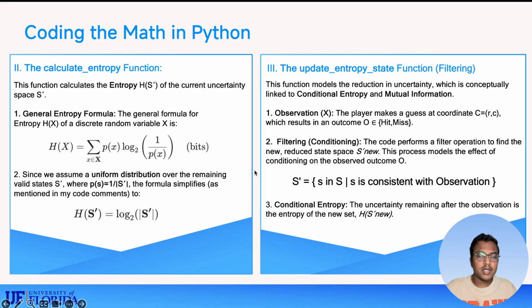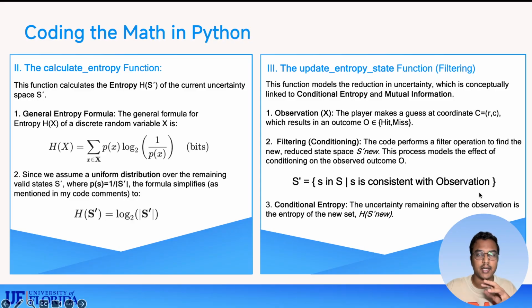And one of the most critical functions in this code is the update entropy state function. This is used for filtering, and this is where the learning happens. Every time we take a shot, we get an observation called X. This observation is either a hit or a miss. The code takes this new fact and performs a filtering operation over here.